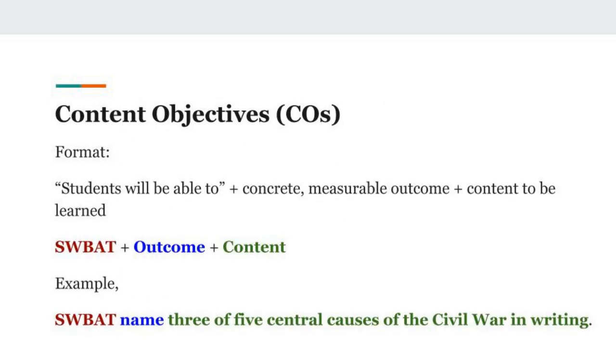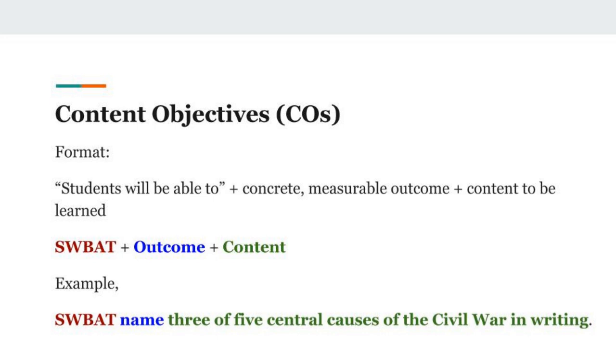Alright, now that we know what objectives are and why they're important, let's take a look at how objectives are constructed. There are three parts to a content objective. The first part is the fixed phrase students will be able to, or SWBAT for short, which is a prediction of the outcome of the objective.